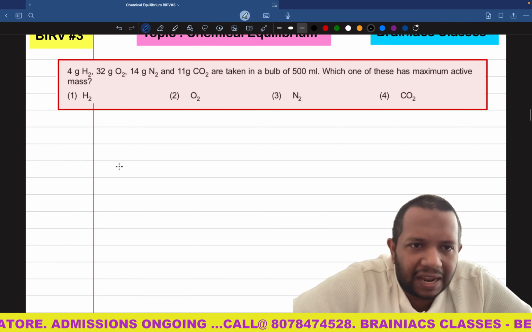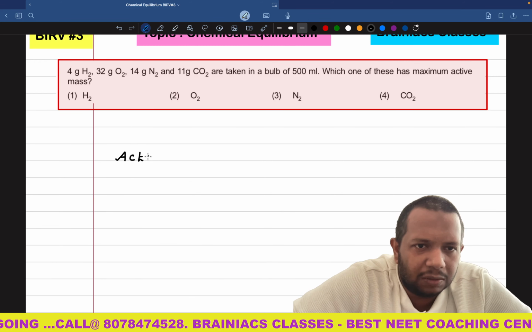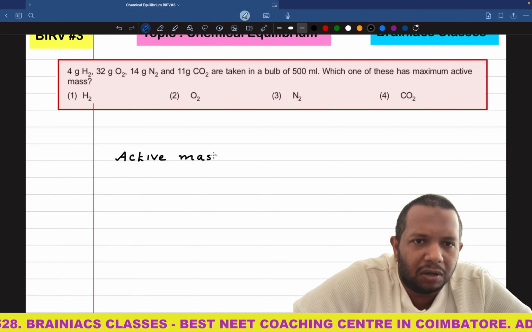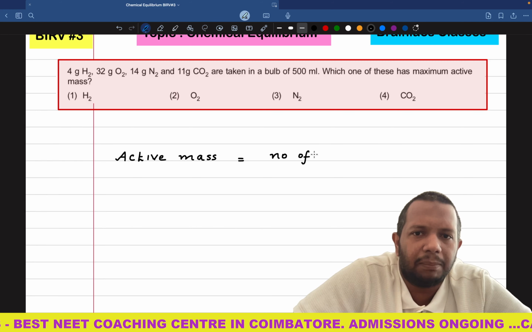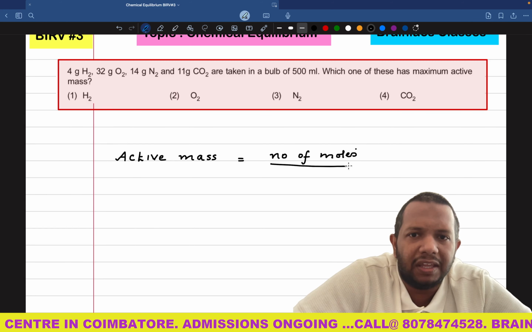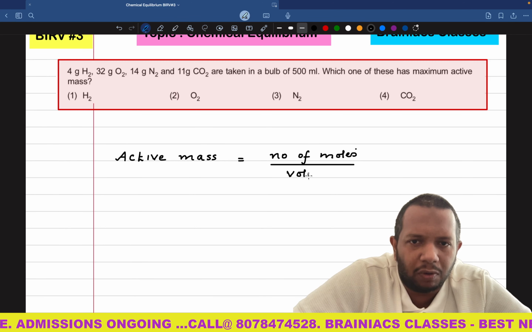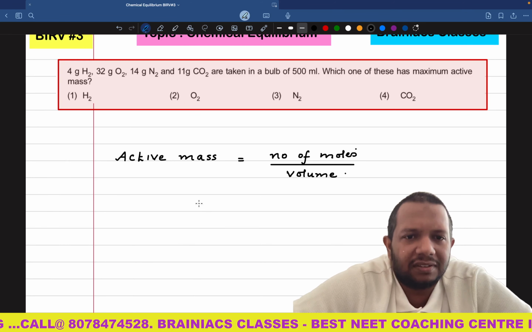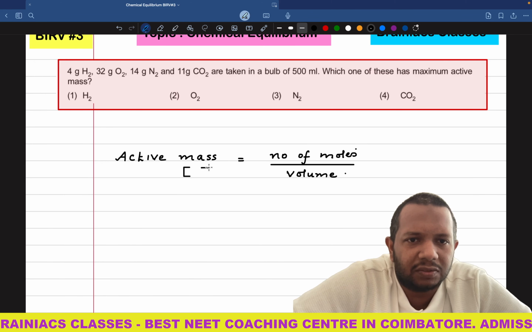So let me define active mass first. Active mass is equal to the number of moles of that substance divided by the volume it occupies. This is usually represented in square bracket.